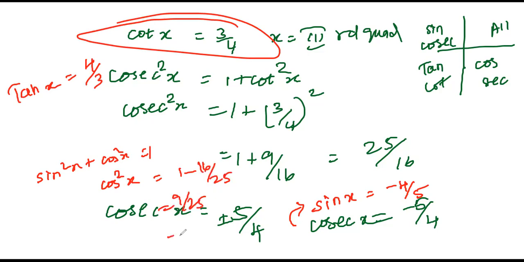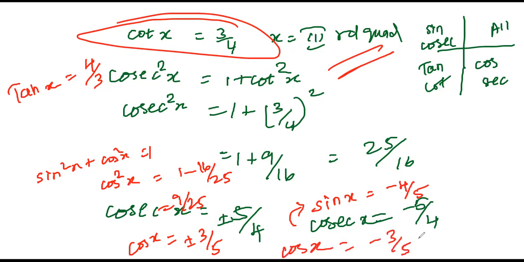You take the square root, you will have plus or minus 3 by 5. That will be cos. They're saying that it is the third quadrant, so it will be negative 3 by 5, exactly. You can reciprocal it and find the answer for the secant, which is negative 5 by 3.